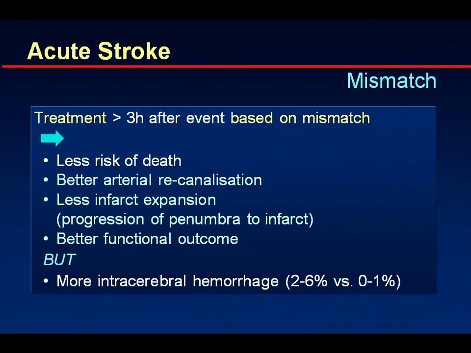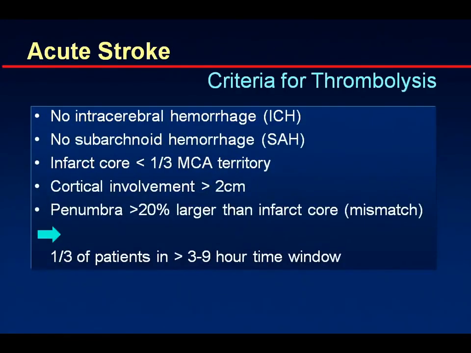However, you'll also see an increased number of intracerebral hemorrhage patients. While usually it's very low, it can go up to 2 or even 6% depending on how well people look at it. Again, the hemorrhage risk increases as the infarct core gets larger.